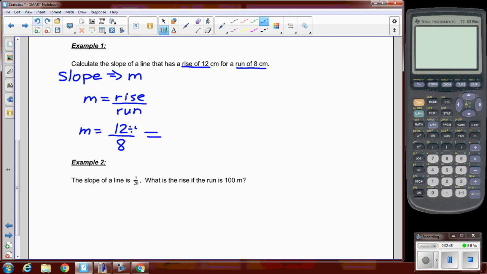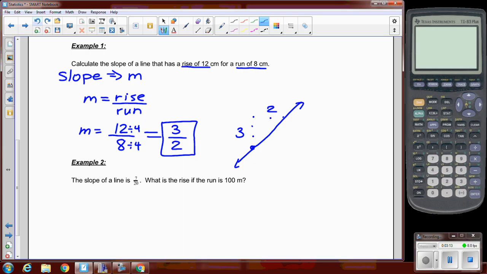Both of these are divisible by 4. So in simplest form, the slope of this line segment is 3 to 2. If we were looking at the line, we could say the line will go up 3 units, 1, 2, 3, for every 2 it goes over. That is a slope of 3 halves. It goes up 3, but it runs 2.